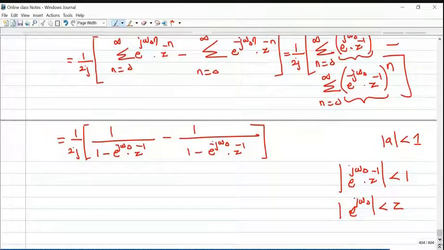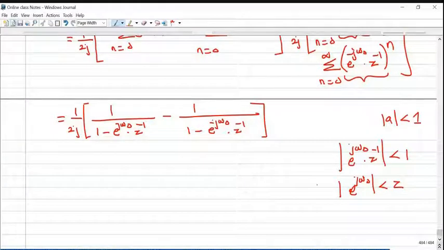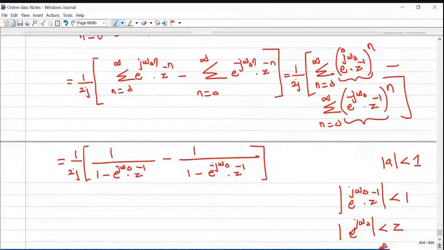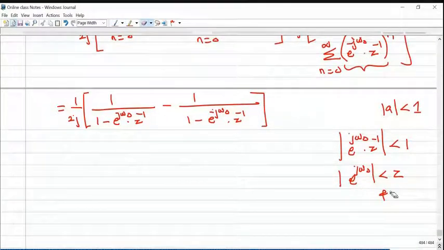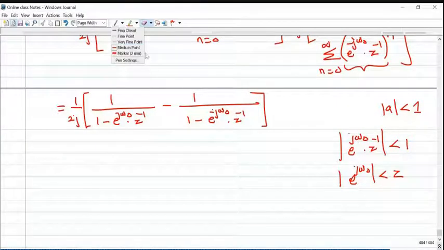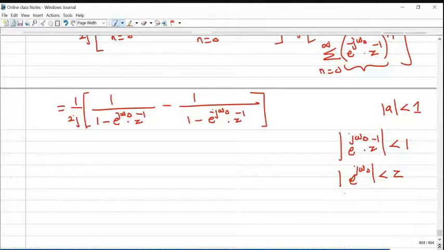This is from the first term. You know e power j theta equal to cos theta plus j sin theta, modulus meaning root of cos square theta plus sin square theta, you'll get 1 only. And from the second term, e power minus j omega naught, you will get the same result, right? E power minus j omega naught, you will get this relation only. So modulus is 1, or we can write it as modulus z is greater than 1.